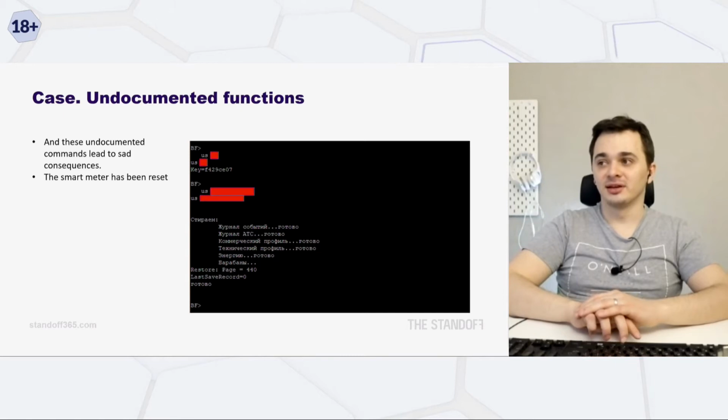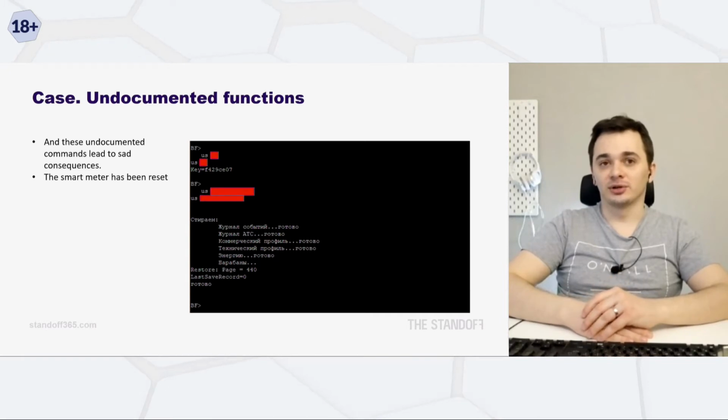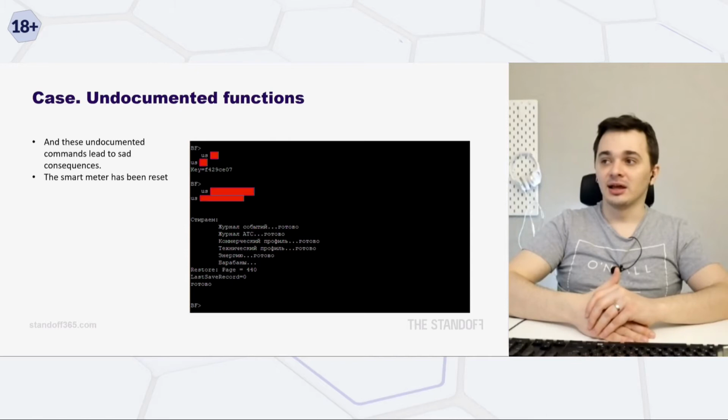if we connect to the device and use a command like this, the device is going to issue a hexadecimal challenge. And if you study the firmware, you will find a way to decode it.